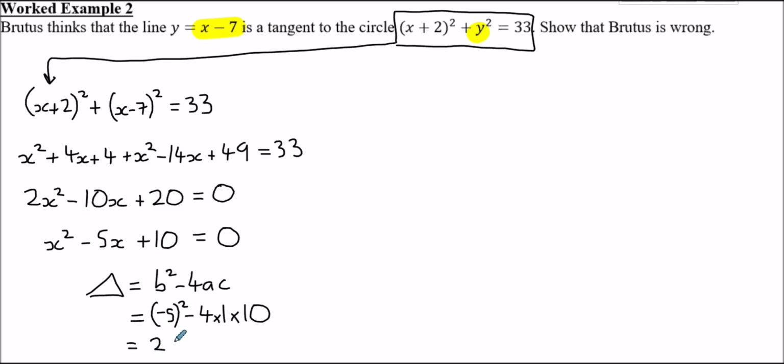So that gives us 25 minus 40. 25 minus 40 is minus 15, which the main thing to notice is it's less than 0. Because the discriminant is less than 0, we can therefore say that the line does not meet the circle.